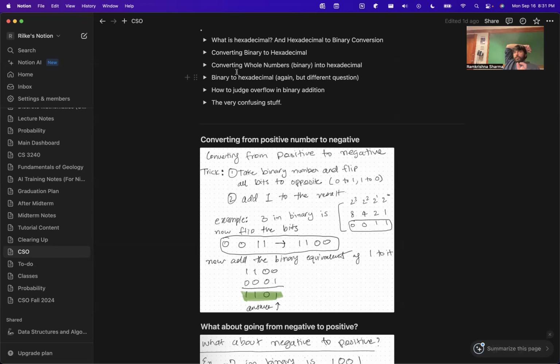And so what you end up doing is you say, okay, let me look at a very large binary string. Let me group them into nibbles, in other words, groups of 4. So you have 1, 0, 1, 1, 1, 0, 1, 1. I'll just take one of those, and that's a group of 4. 1, 0, 1, 1 would be a nibble, and you would then say, okay, this will be one hex digit.